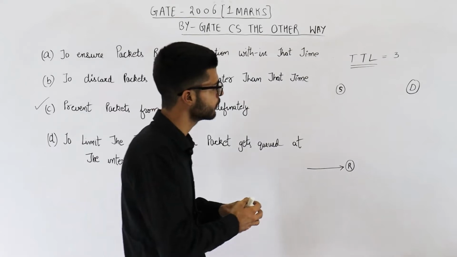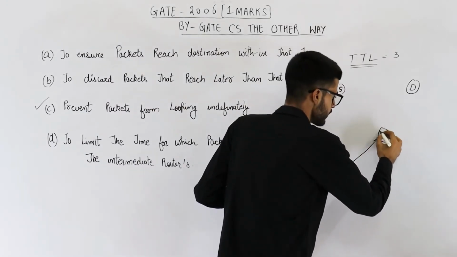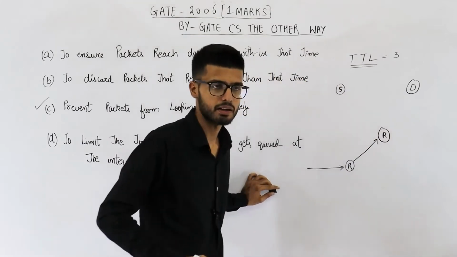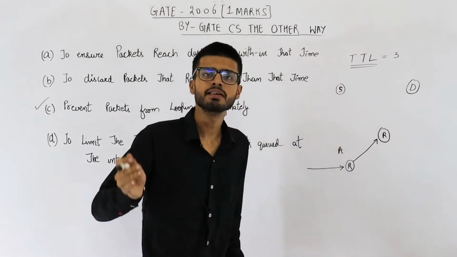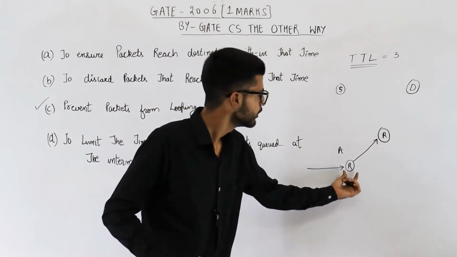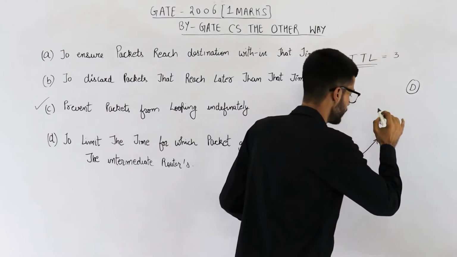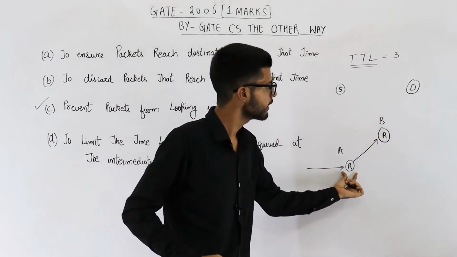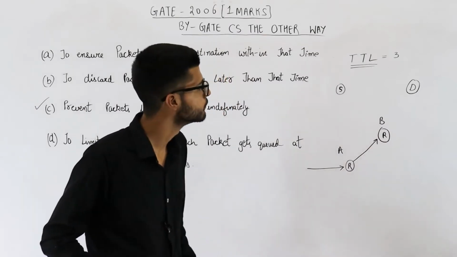In such a scenario, the router will ask its default router to take care of that packet. For example, this is router A. For every router, there is some default router. For router A, suppose the default router is router B. So the incoming packet is given to router B because A does not know what to do.